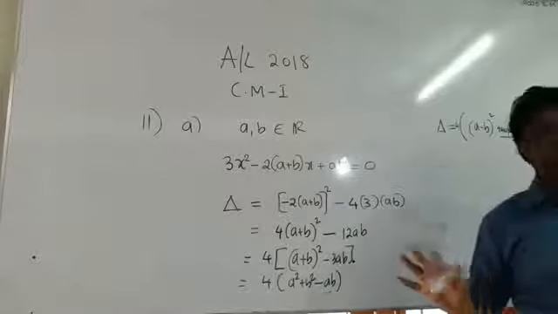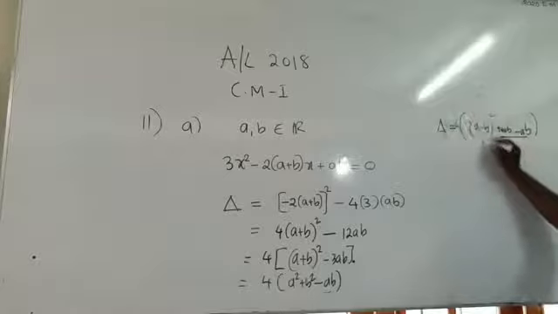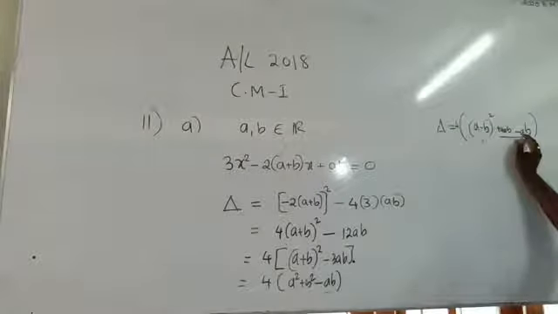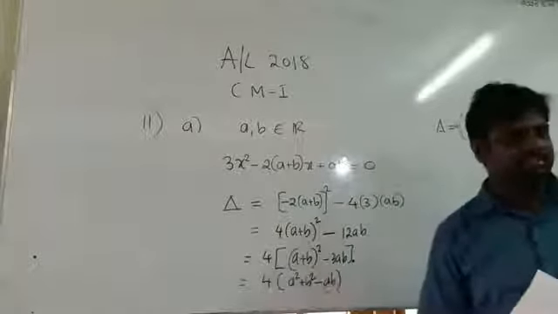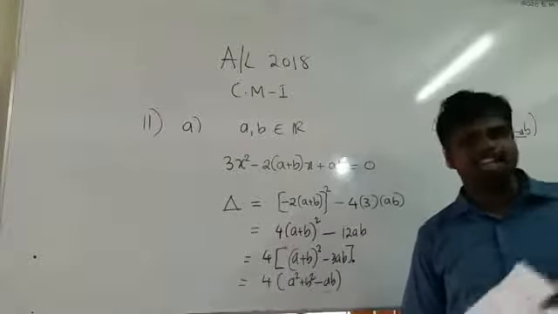Still you can't show that this is positive. So that is the problem if you take the 4 as common. You have to come up with the idea.